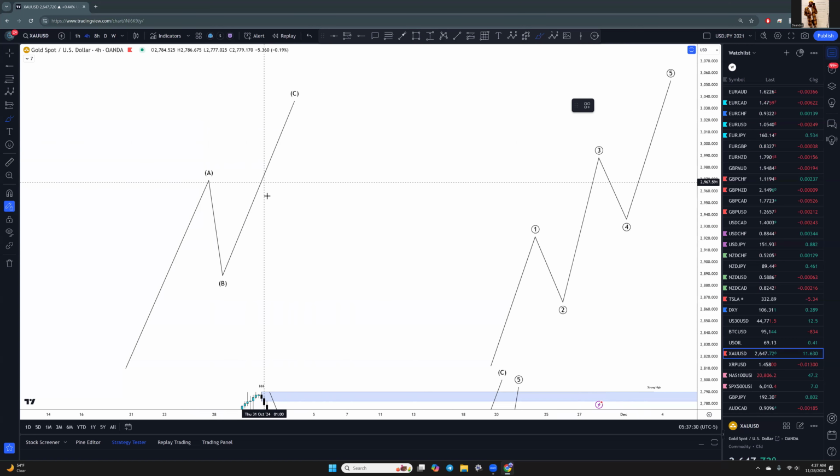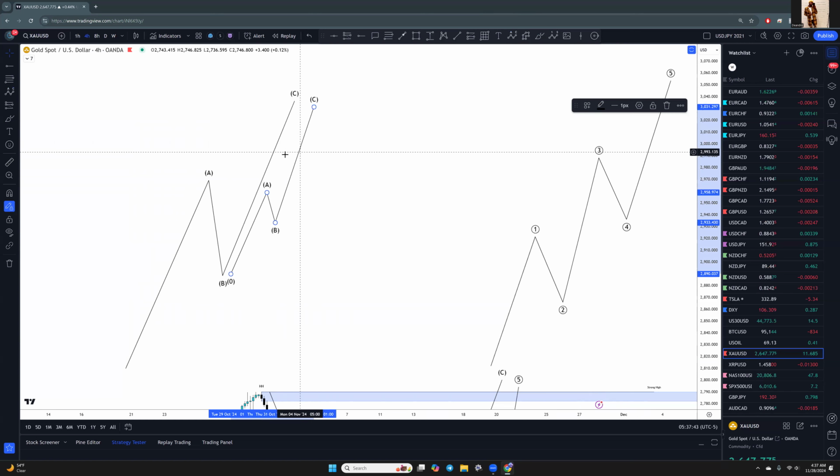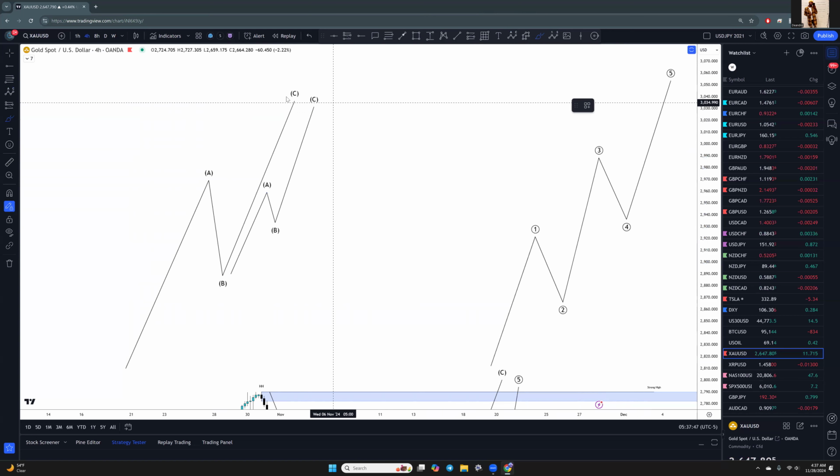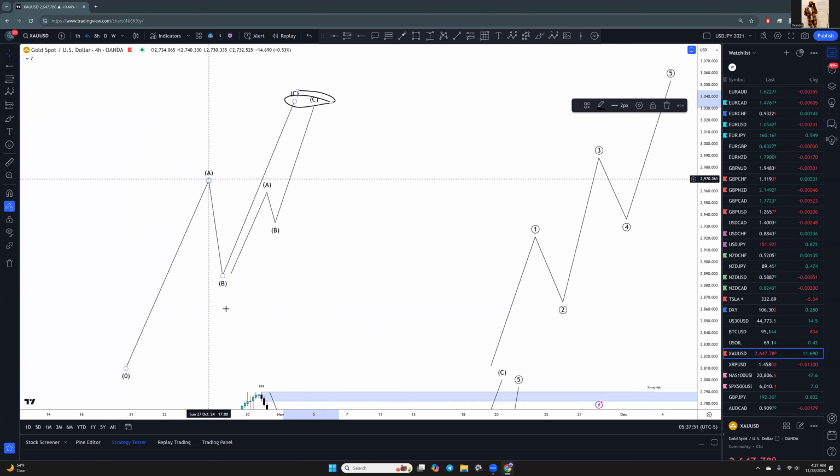Okay. So when you see a double C pattern, it is combined with 2 ABC structures. One, you're going to have a bigger structure, and then on that last wave, you're going to have an inner structure that is also going to print out an ABC. This is when you would get a combined double C, 2 C's. So that is where you get a double C structure.